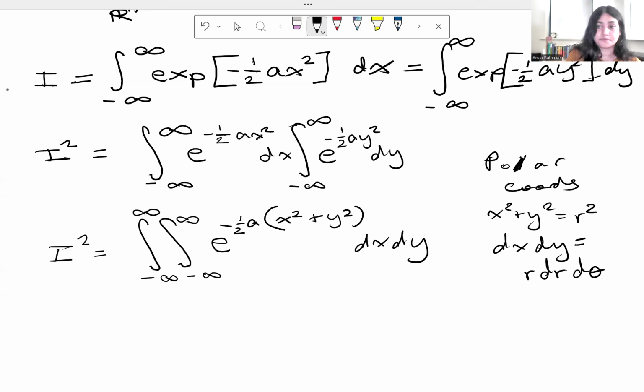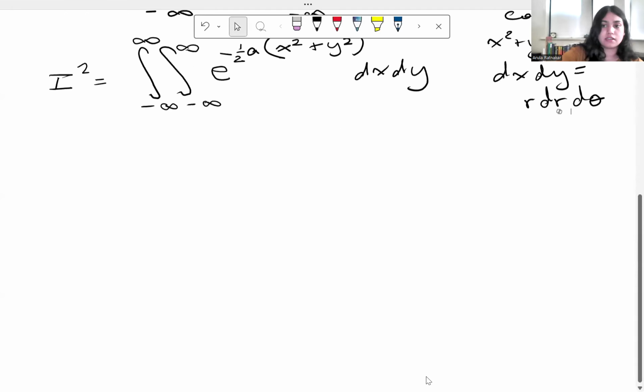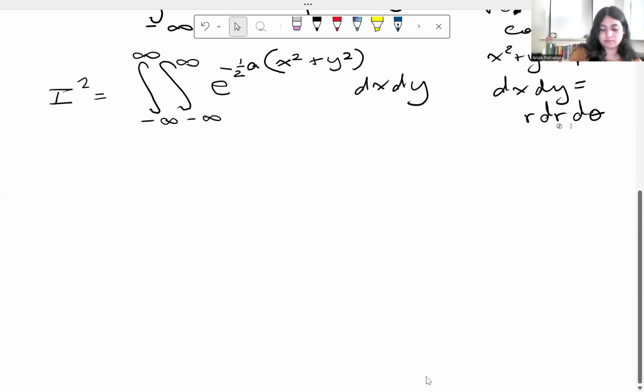When we switch to polar coordinates, we also have to change the limits on the integrals: theta is going to go from 0 to 2 pi and r is going to go from 0 to infinity, because there's no such thing as a negative radius. We have to keep that in mind and make sure we have the right limits on our integral.